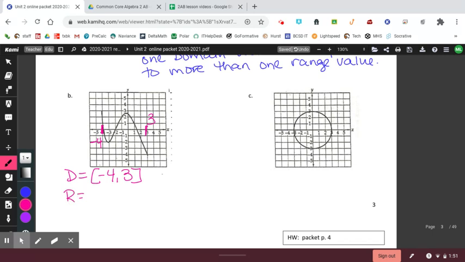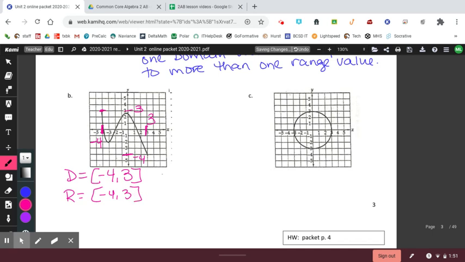The range goes from the lowest value being negative 4, the highest value, I want to say roughly like 2.5. Oh, no, actually, sorry. The highest one's here. So 3. So -4 to 3.